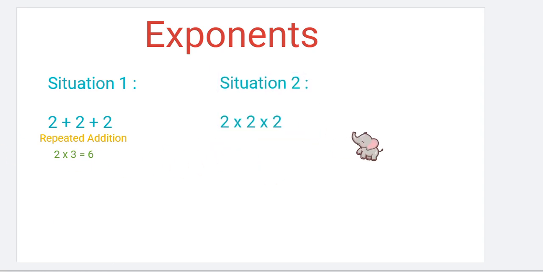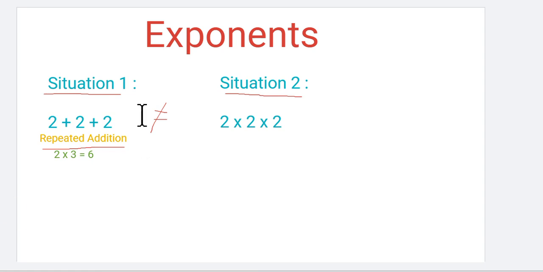But what about situation number 2? Is situation number 2 same as situation number 1? No, it's not. These situations are not equal. Situation 1 is repeated addition, okay, but situation 2 is not repeated addition.